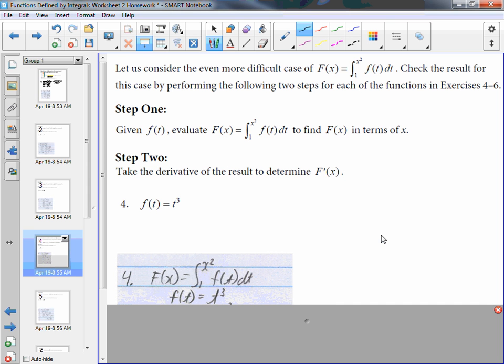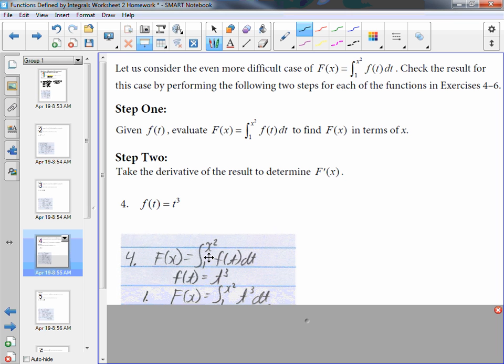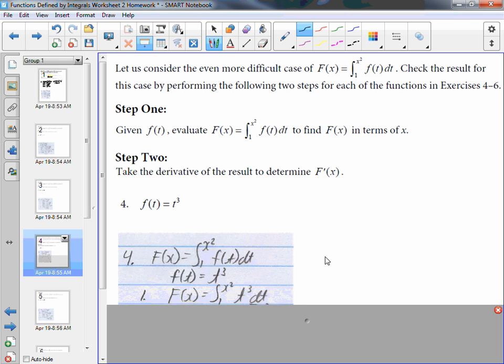We know that f of t is t cubed. That means, for step 1, that capital F of x equals the integral from 1 to x squared of t cubed dt.